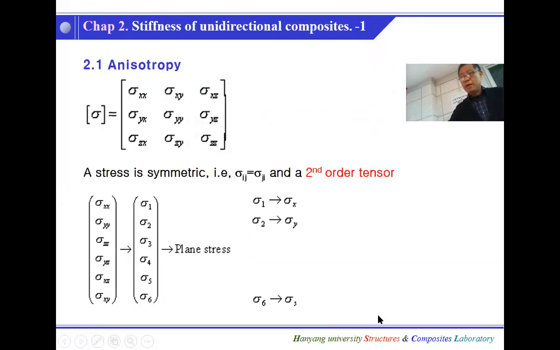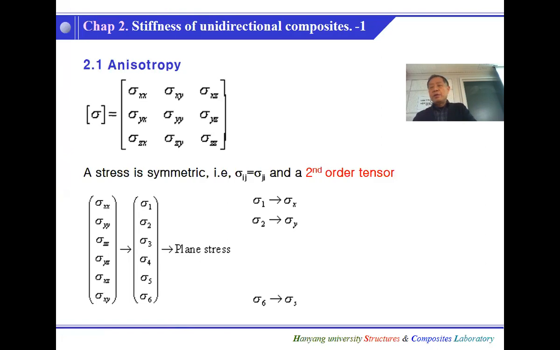Okay, last week we briefly touched on the stress definitions and the material properties. In composite materials, the major difference between conventional material and composite material is the anisotropy, meaning the material property depends on the direction.